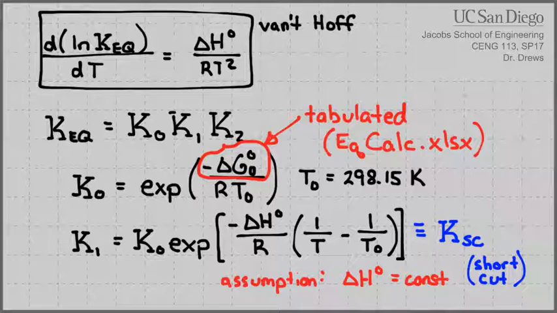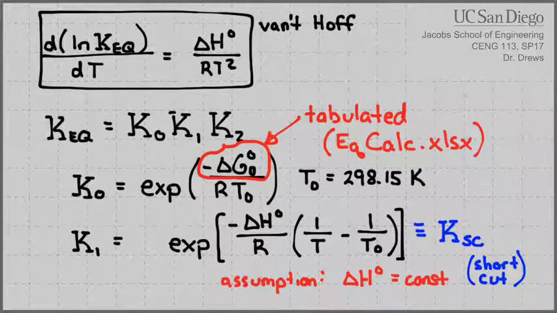Because if you take that K, it's really more like K reference. Like I said before, that temperature doesn't have to be 298. It can be anything that you want. If we wanted to be a little bit more precise, you would do that. What I just did was erase the k naught, because if I were to put k1 is equal to k naught times that exponential and then plug it into the keq, it would look like k naught was squared.